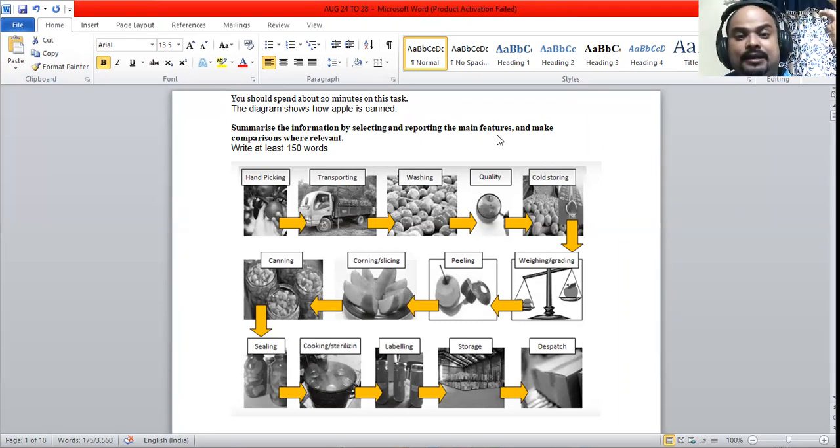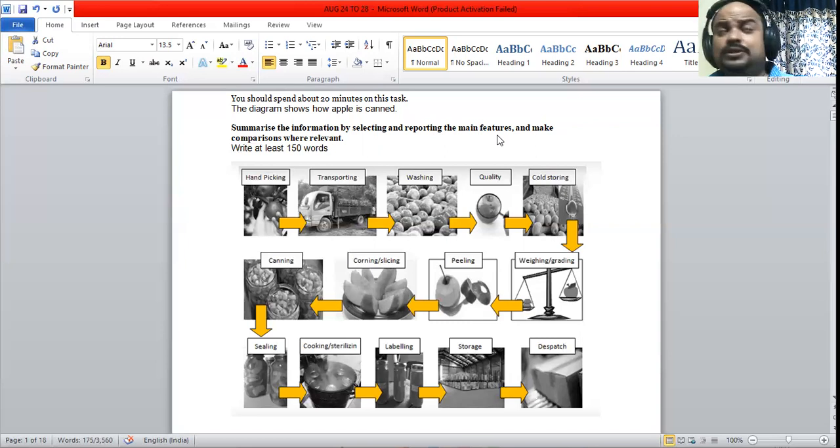It happened in the past, it happens at present, and it will happen in future. So when we are representing that in the essay, we have to present it in simple present tense. So simple present tense is the tense that we have to use in the process diagram.